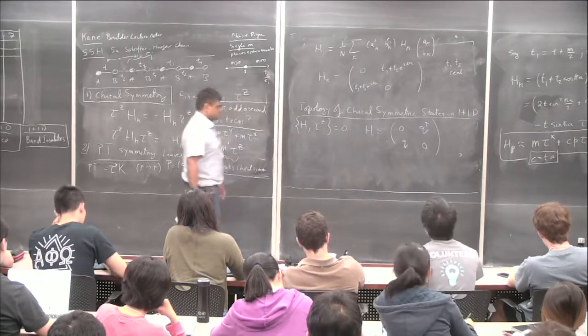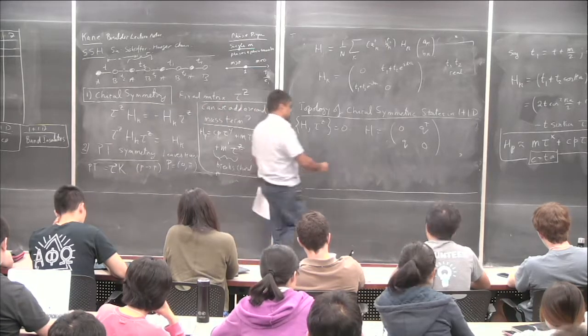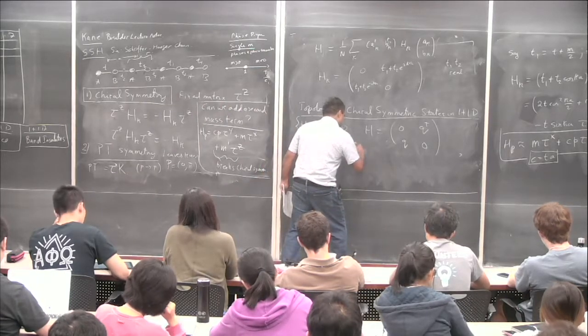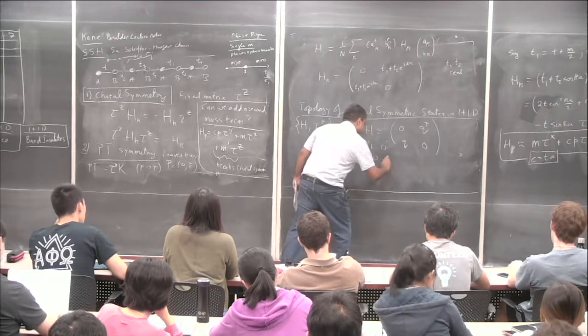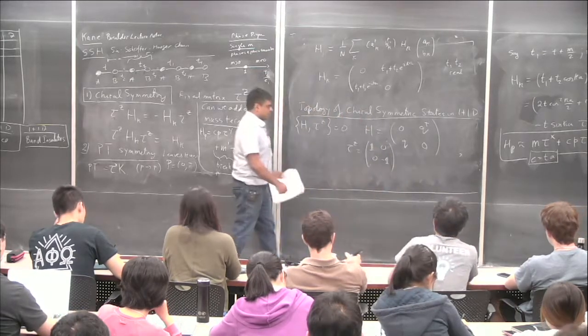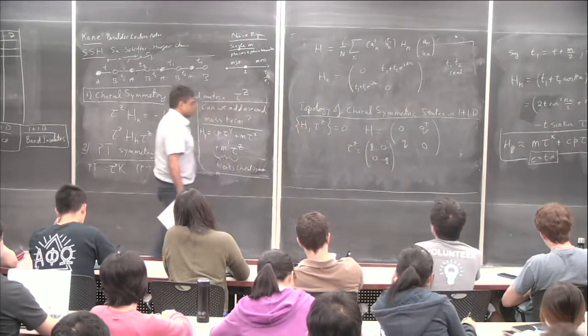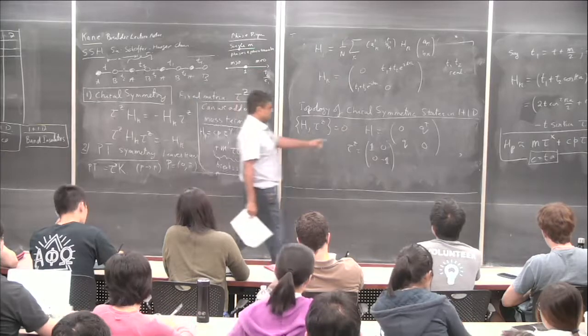This gives you a Hermitian matrix, and it anticommutes with tau z, represented in the same notation as before, where by 1 I mean it could be a matrix over here. Doesn't matter, it'll anticommute with this one. So that's the most general chirally symmetric Hamiltonian.